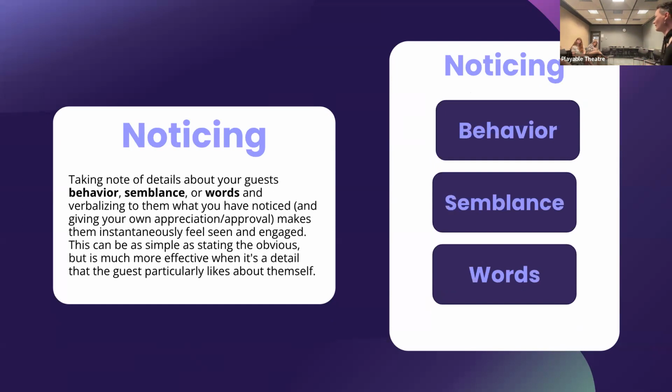Noticing. This seems so obvious and simple, but I guarantee you that it is also magic. So if you can just notice some details about somebody, either their actions, their behavior, something about their semblance, the way they put themselves together, or their words, something that they say that you find really impactful, just noticing it and calling it out and being like, wow, you said this thing and I noticed that.